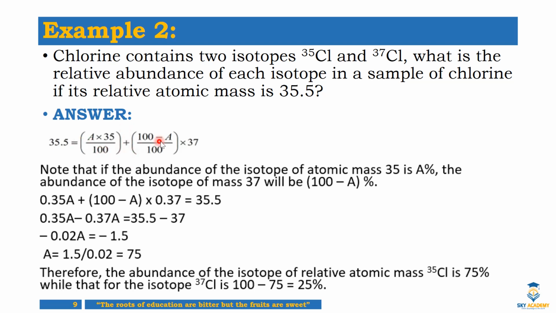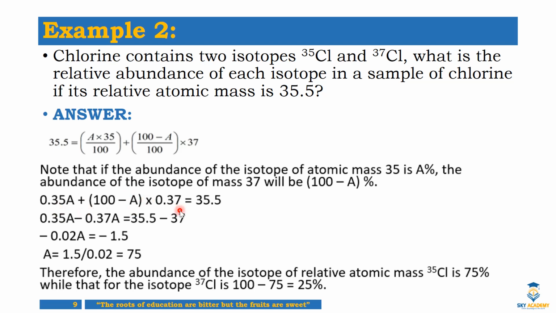Then plus abundance 2, which is replaced by 100 minus the abundance 1, as we said, over 100, times the atomic mass of the other isotope. And then after getting this equation, we are going to find the abundance 1.